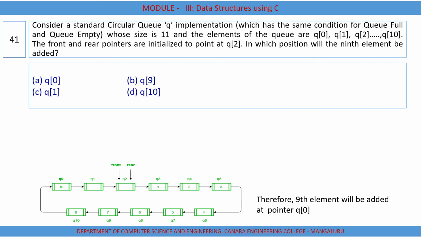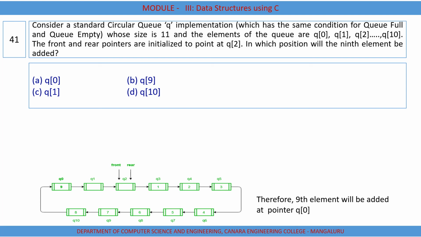Consider a standard circular queue implementation which has the same condition for queue full and queue empty, whose size is 11, and the elements of the queue are q0, q1, q2, and so on till q10. The front and rear pointers are initialized to point at q2.